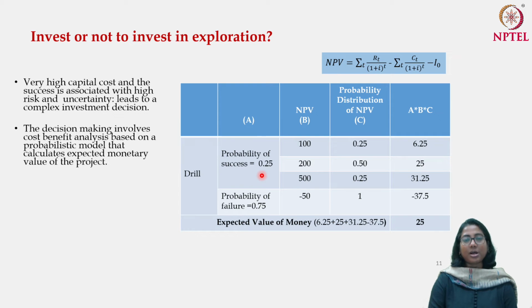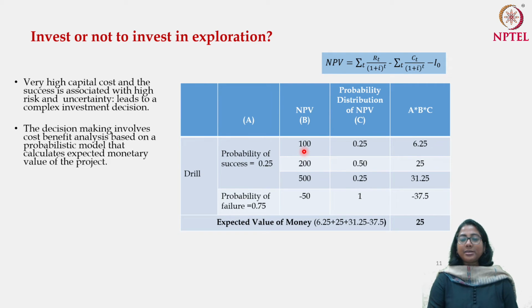If I succeed, now I am going one step further and moving to the conditional probability, where I am saying that even if I succeed in finding the fossil fuel, the net present value that I am going to derive out of the project is not something which is confirmed.